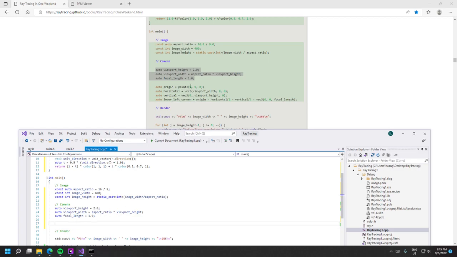The origin is defined at 0, horizontal is the viewpoint width, and the vertical is at 0, 2, 0. Lower left corner is origin minus horizontal and vertical halves. Oh, okay. This is literally the lower left corner of the rectangle that we're having.